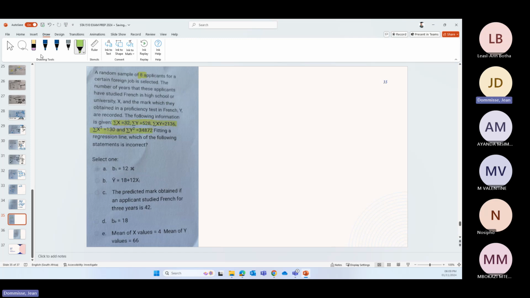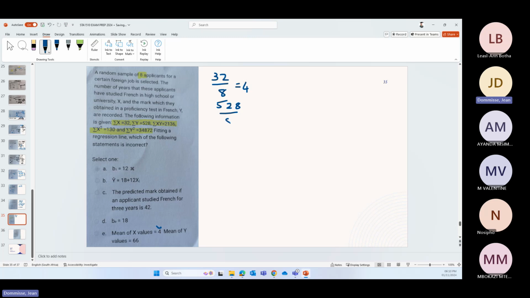Okay, so let's first look at the mean values. So x is 32, the sum. So 32 divided by 8 is 4. That's correct. The y is 528.